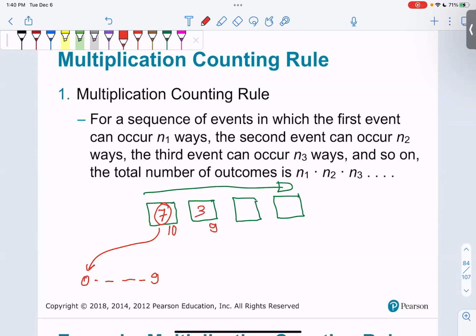The next one will be 8, and then the next one will be 7. If numbers can occur twice or 3 times, that's the earlier case. So in this way it will be 10 times 9 times 8 times 7.